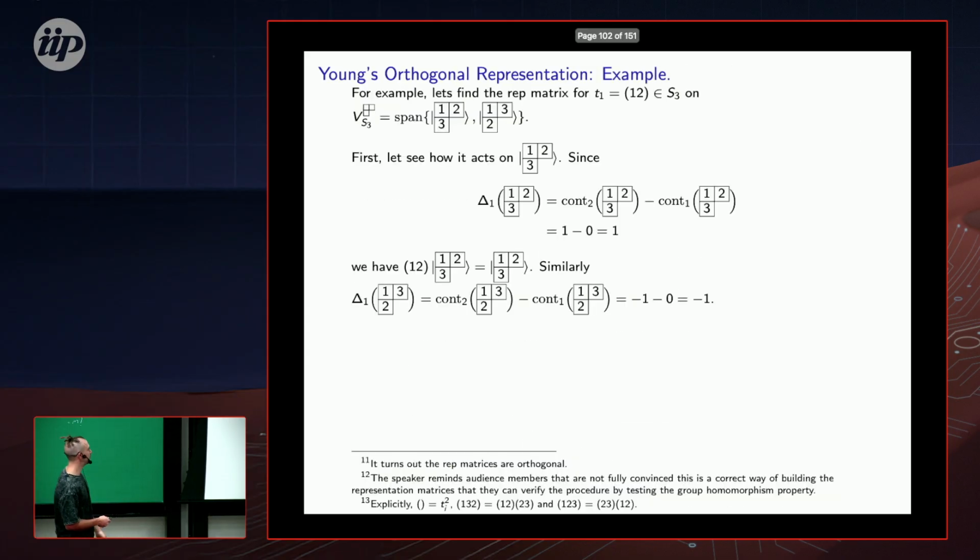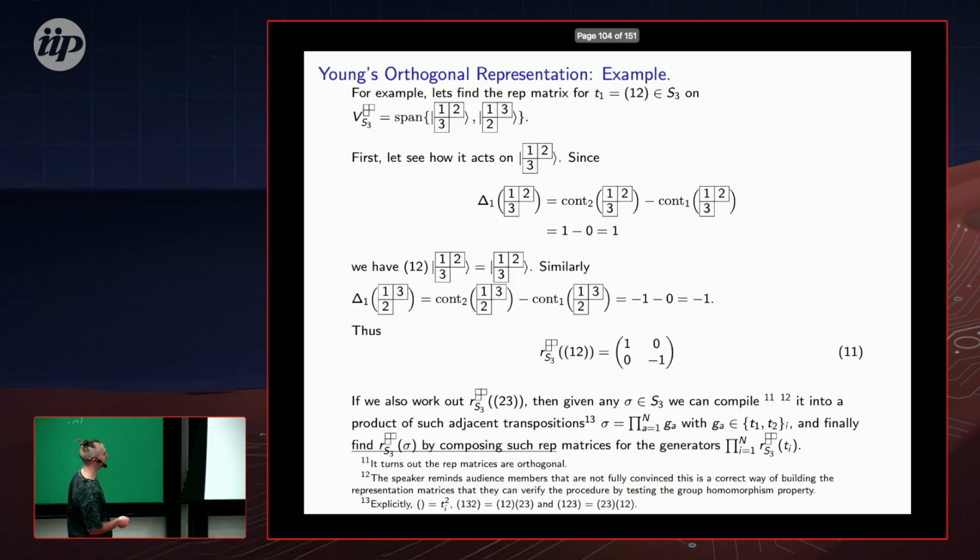Here's an example. I can upload the slides and you can work it out. But I'm building basically the matrix for (1,2) on S3 on this irrep of S3. So then you can also build the other one.